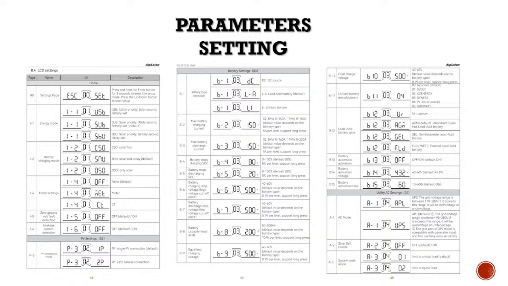For the zero ground volt fault detection, the default is always off. But if you are sure that you have done your grounding, and the voltage between your ground and your grid is 0, you can put it on because it's not going to trigger an error.